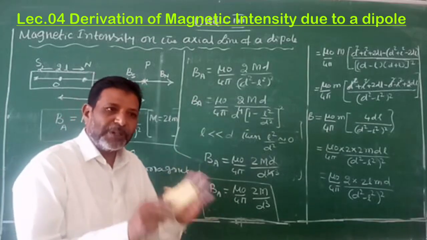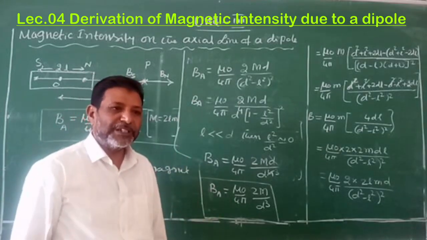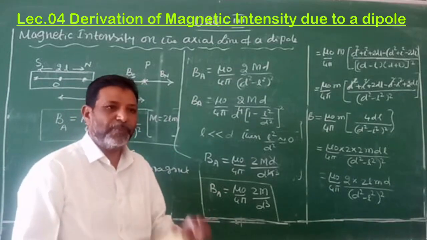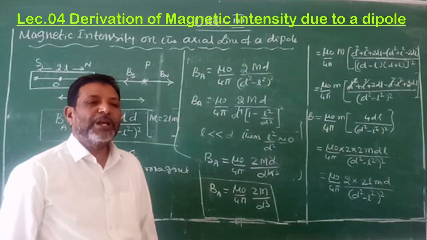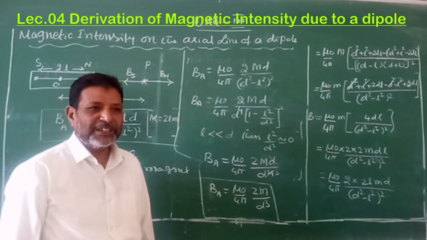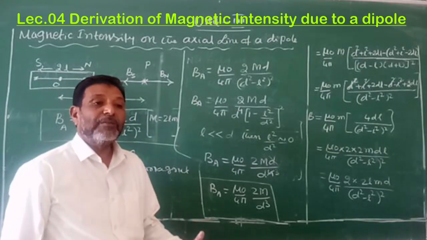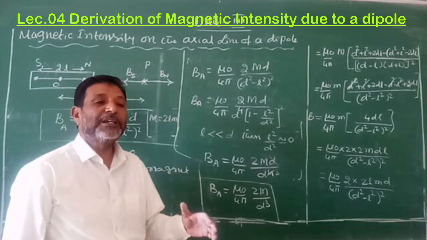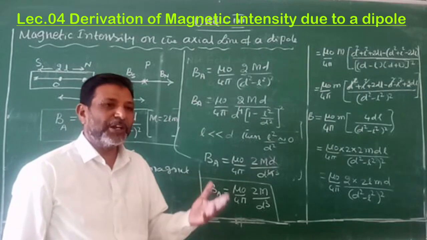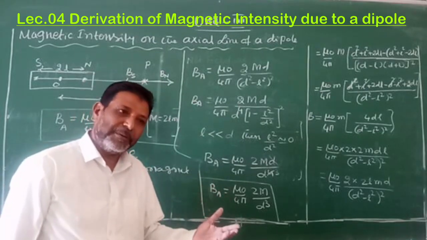I think this derivation is clear to you, isn't it? Now, after understanding this, we have one more derivation, that is the formula for the intensity of the magnetic field at a point on the equatorial line of a dipole.